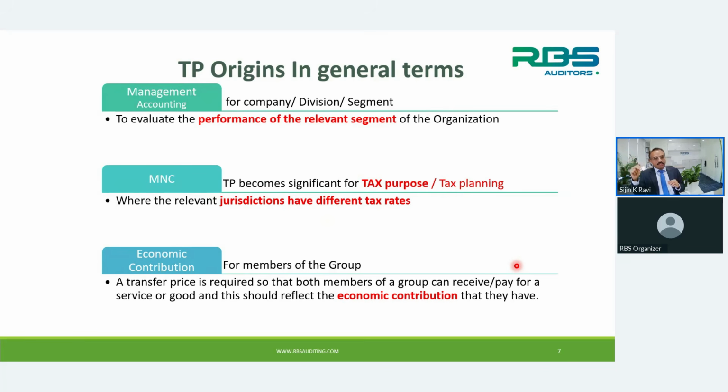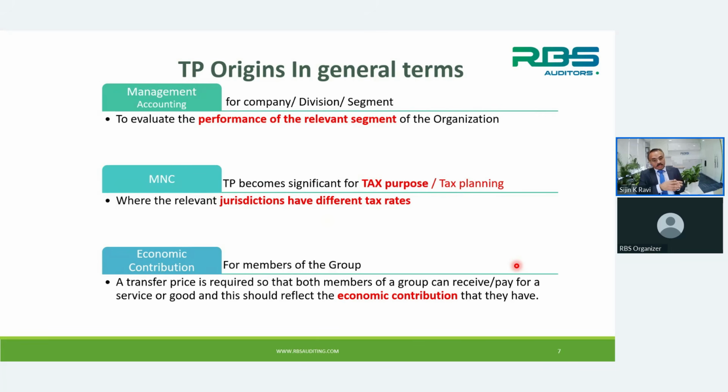Different jurisdictions have different tax rates. For example, one country has a 30% tax rate and another has a 9% tax rate. So automatically they will think about tax planning, about which country they want to do the transaction between the related parties. That will be the concept in MNC companies. Then there is economic contribution: the members of the group will think about it, as whatever amount and services are received reflect their economic contribution.